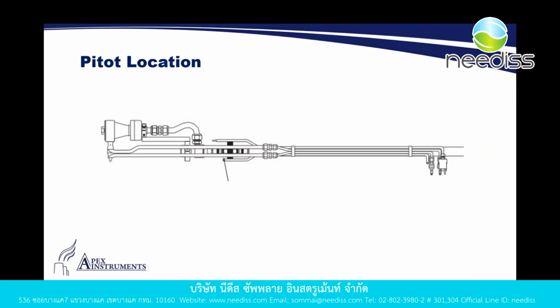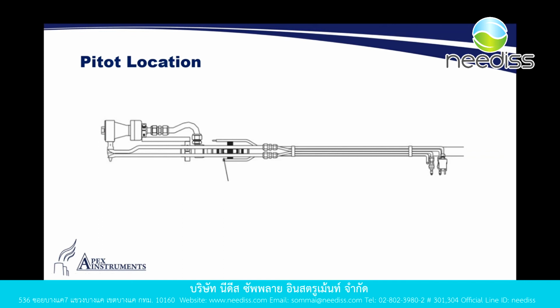Just as a note, we have to have the pitot in line with our nozzle, just like we would with our method 5 nozzle, which would theoretically be back here, because it connects directly from the end of the probe into one single nozzle.